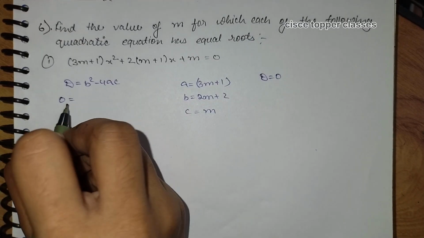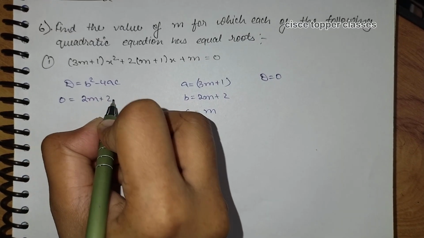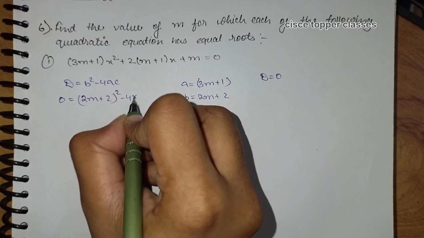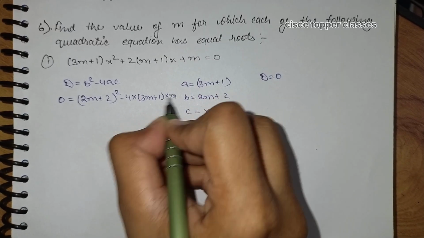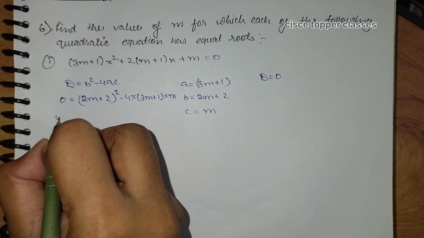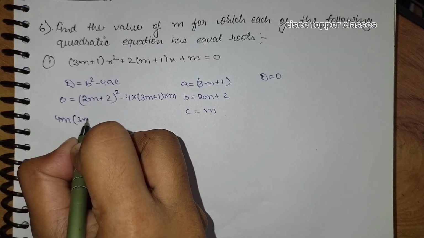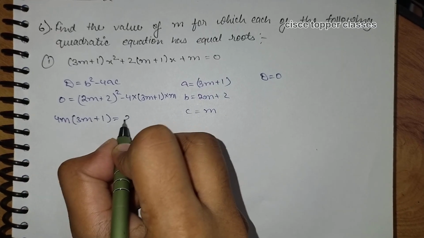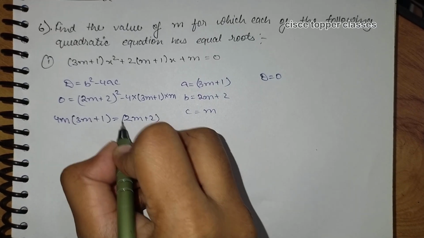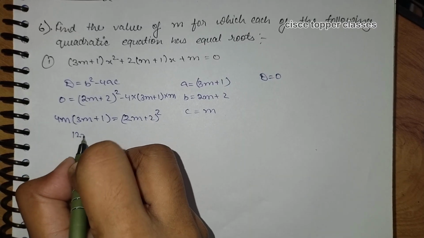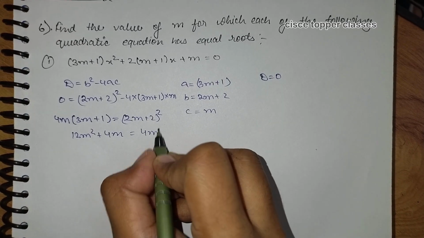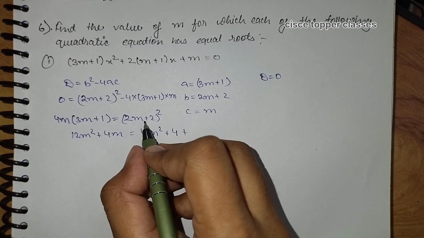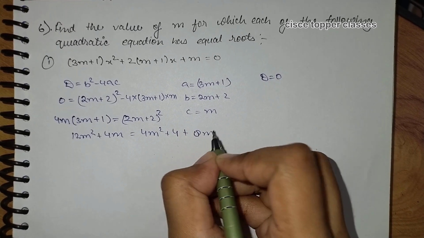B square will be 2m plus 2 whole square here, minus 4 into 3m plus 1 into m. So that will become 4m into 3m plus 1 equal to 2m plus 2 whole square, as 12m square plus 4m equal to 4m square plus 4 plus 8m here.